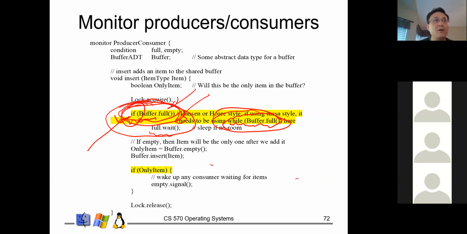While in the message style, the signaling process still holds the lock. And once the signaling process gives up the lock, you don't really know which, there may be other threads that could take that lock from the signaling process and change the buffer before this blocked thread can eventually acquire the lock and execute.